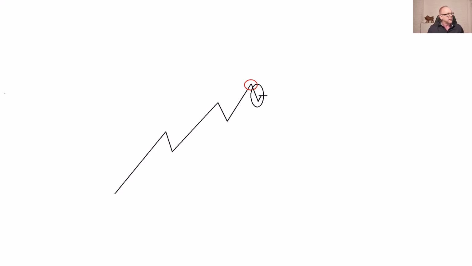And then it depends on how far this entry level is from the last low. We either have the stop at this low or at this low. So the strategy is deciding by itself where the stop loss is taken. So actually what we are doing is we are trading risk-reward ratios of 1:1 for the first half of the trade and 2:1 for the second half of the trade.